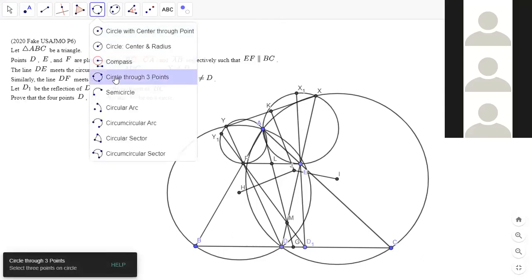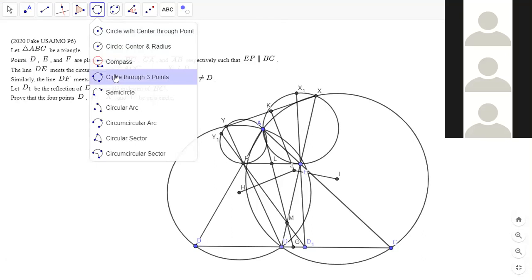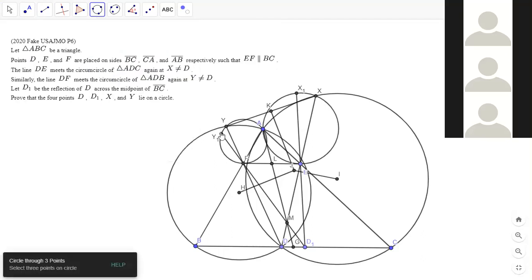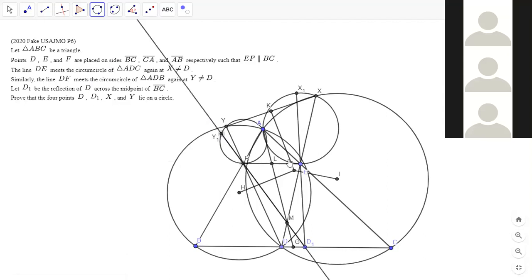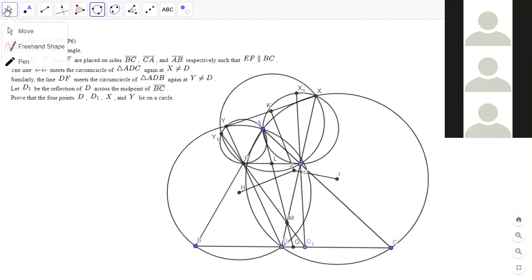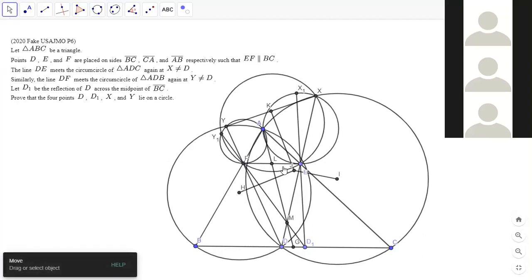By power of a point, EFXY1 is cyclic. Interesting. Okay, so I'll start writing this up. I can delete H, I, and K, right? And J probably, right?